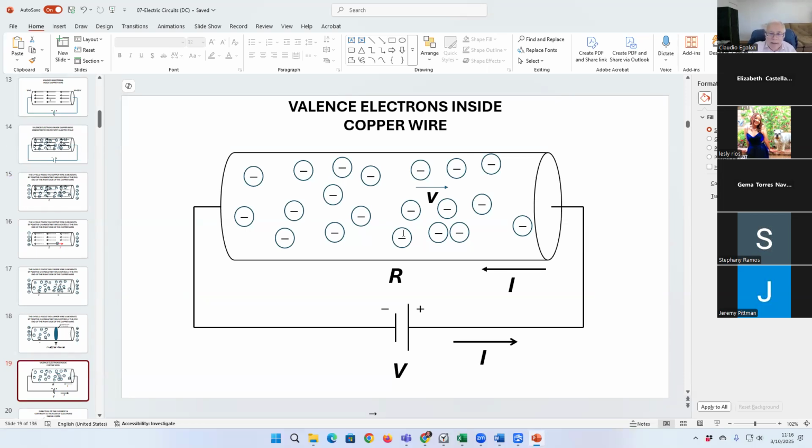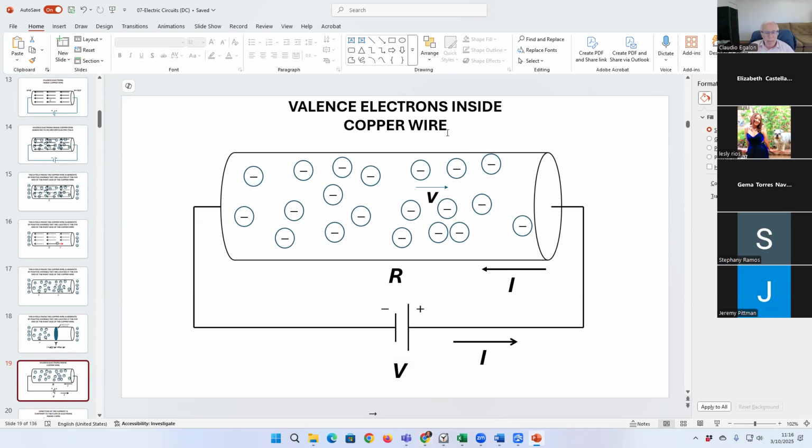You know, at the time of Benjamin Franklin, they didn't know about the electrons and the protons, right? The electrons and the protons were only discovered in the late 1800s, early 1900s. So back at the time of Benjamin Franklin, people thought that the current was carried by positive charges, not by negative charges.